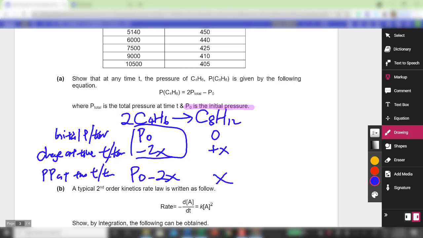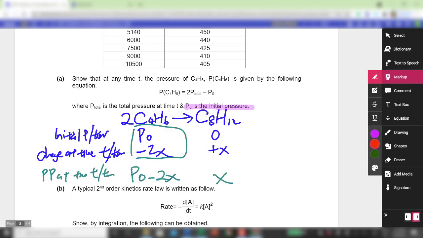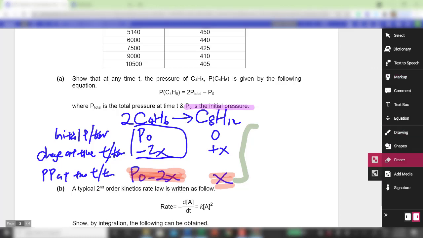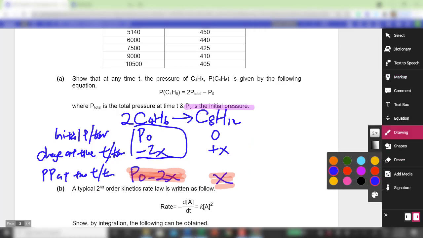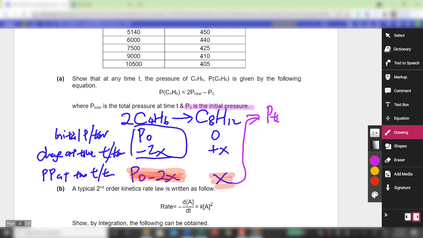Can I then determine the total pressure at time t? Isn't it the summation of P naught minus 2x and x? So this gives me the total pressure at time t: P total equals P naught minus x.